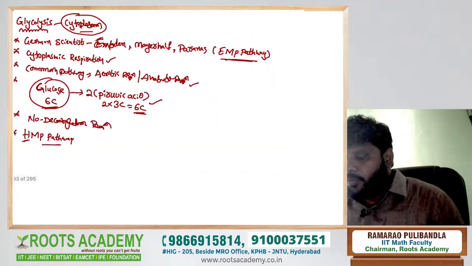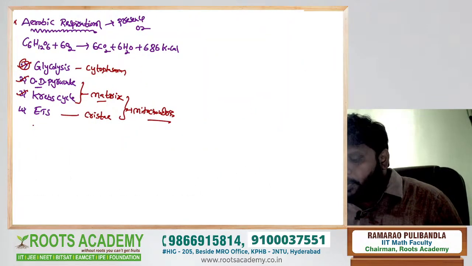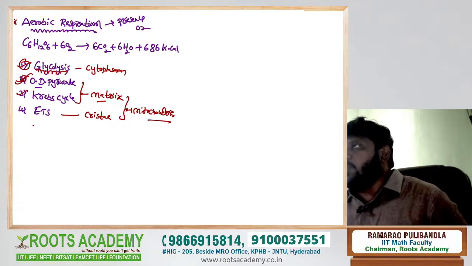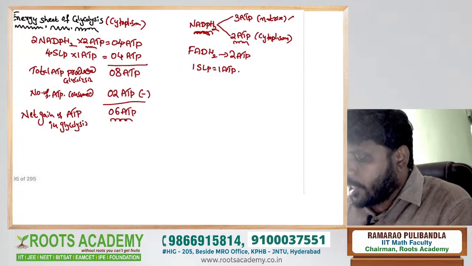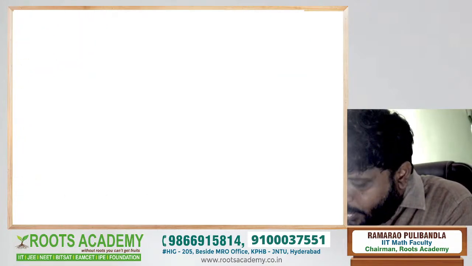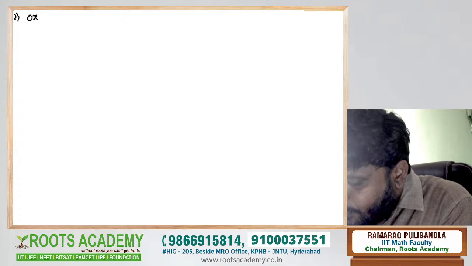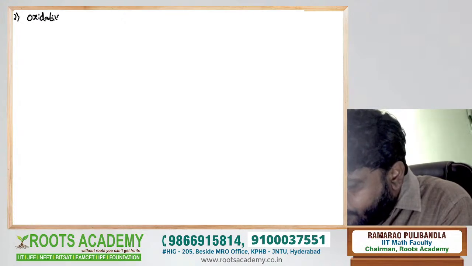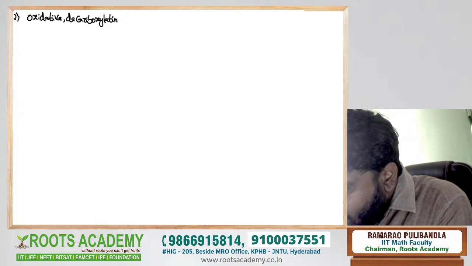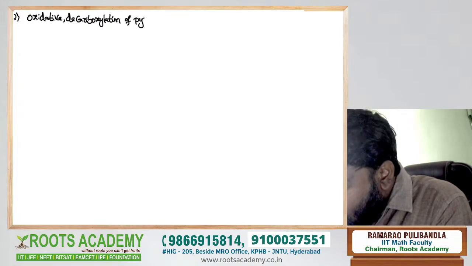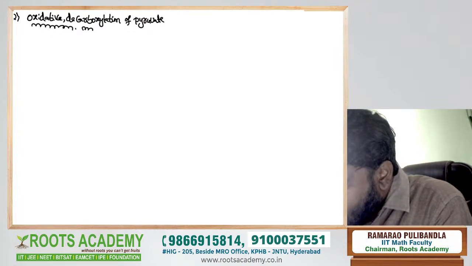So this is the first reaction in aerobic respiration, which is completed in 4 steps. First one glycolysis. Second one, what? Oxidative decarboxylation of pyruvate. What is the second step in aerobic respiration? Pyruvate means pyruvic acid.